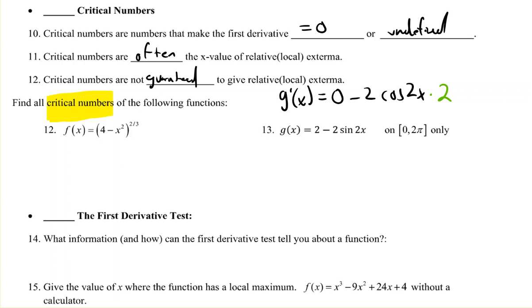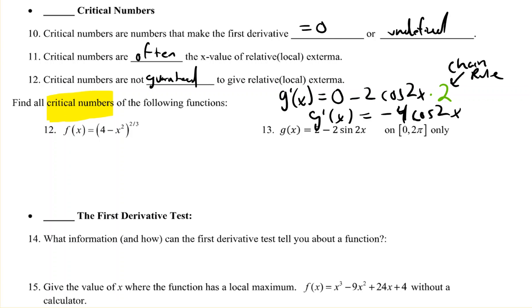So it looks like the derivative, cleaned up, would be negative 4 cosine 2x. Everybody okay with where I'm getting at? Make sure that you got the chain rule in here.